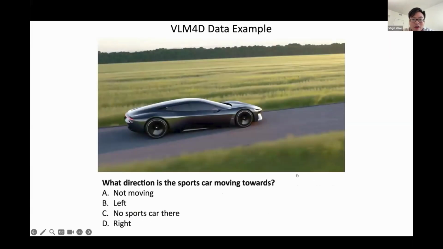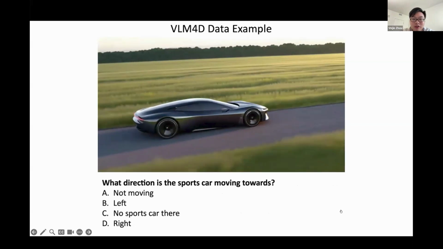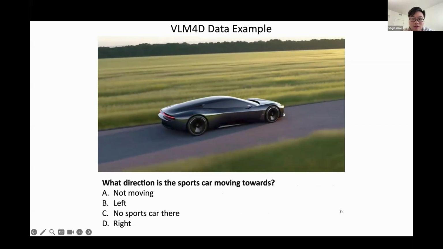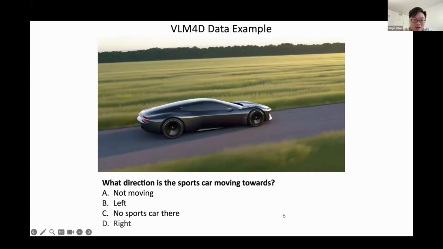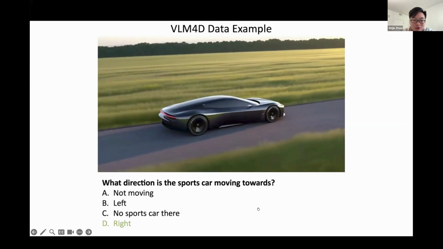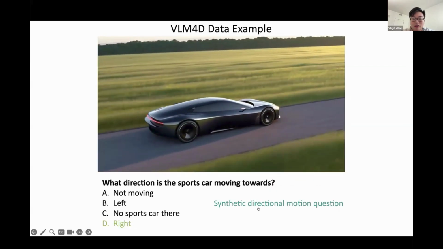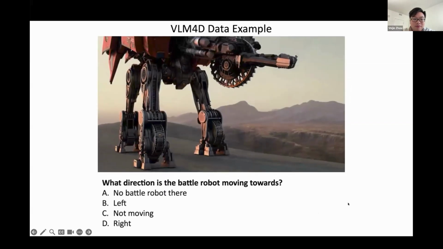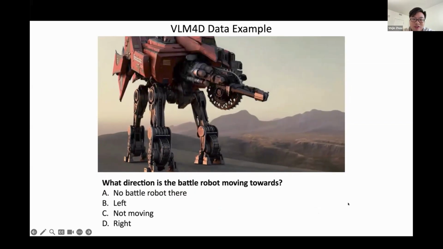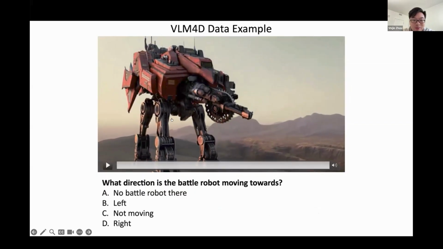Okay, so here we show the quality of our synthetic dataset, synthetic video using Cosmos to generate. So this is quite normal. This sports car moved to the right, and this is regarded as a synthetic directional motion question. And the second one, we see that actually this battle robot does not move at all, but the camera pose is changing.